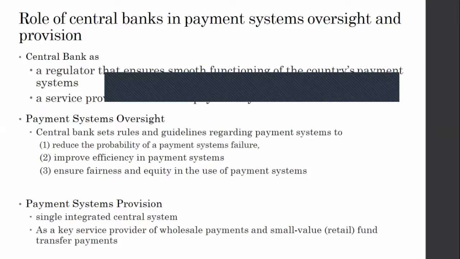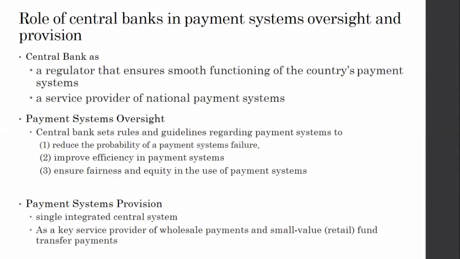There, basically, the central bank sets the rules and guidelines regarding the payment system with the aim of achieving these three conditions. First one is to reduce the probability of a payment system's failure. Second one, improve the efficiency in the payment system. Third one, ensure fairness and equity in the use of the payment system.